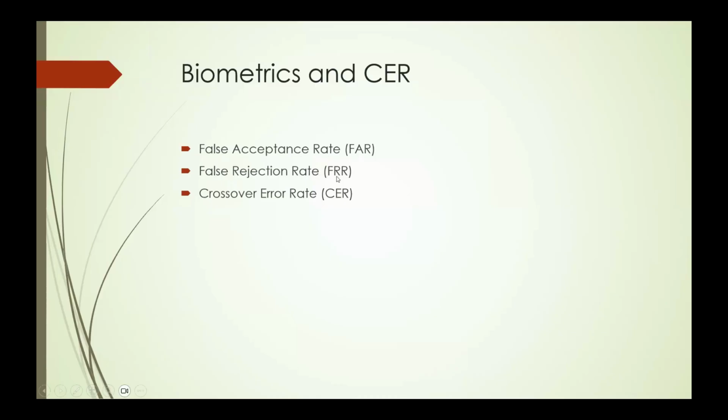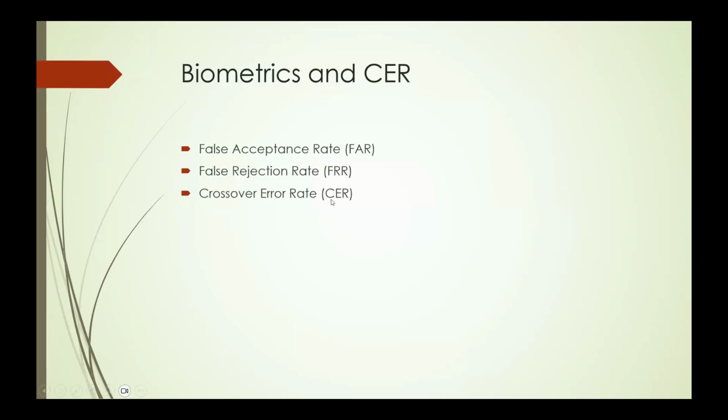Valid users are also rejected sometimes. For example, if we have mehendi or henna on our fingers, the biometric system will not accept it, or when we apply some moisturizer, it will not take our data. That is the false rejection rate. A higher FRR also affects usability.